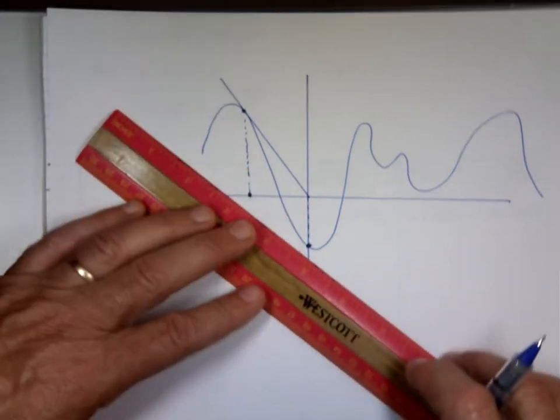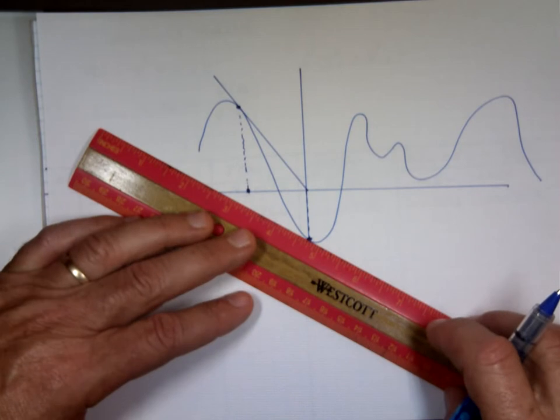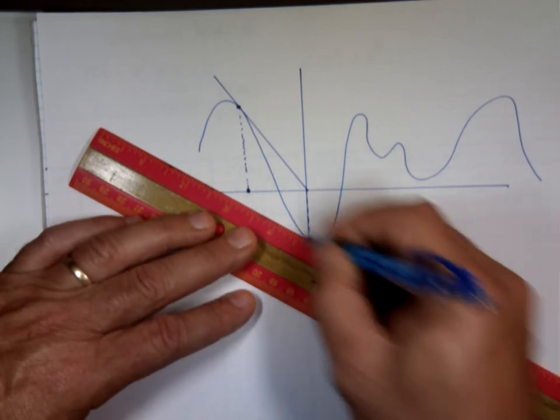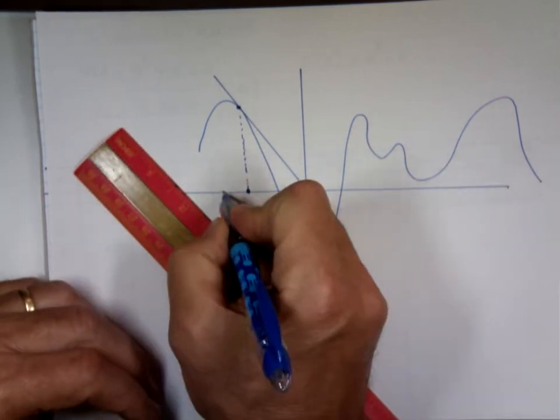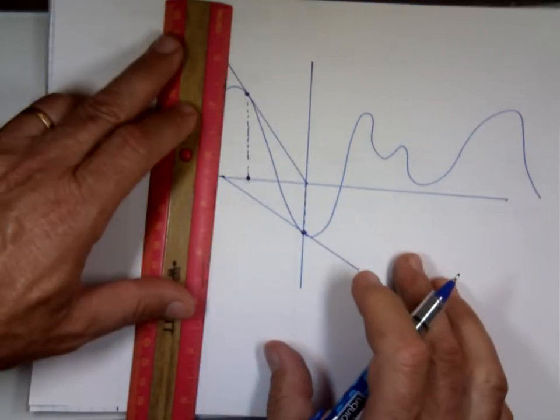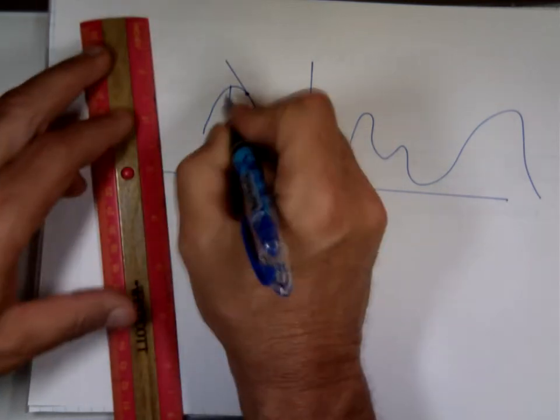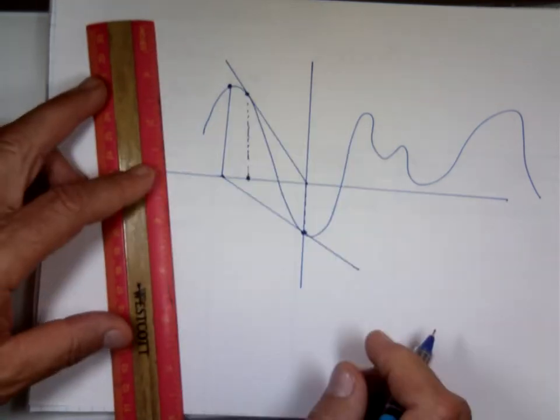A tangent line of that will look something like this. Is that a solution? Well, let me see. That's this value right there. Is that the solution? No, it's not. Draw a tangent line.